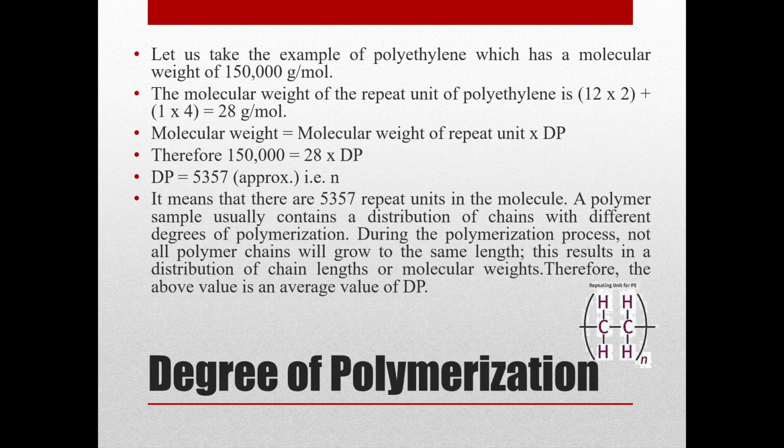It is a different distribution, and this is decided during the polymerization process. This results in a distribution of chain lengths or molecular weights. Therefore, the above value, 5,357, is only an average value of dP.